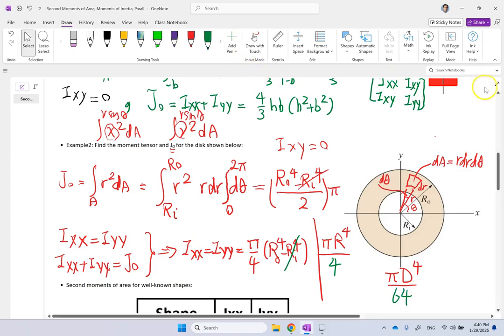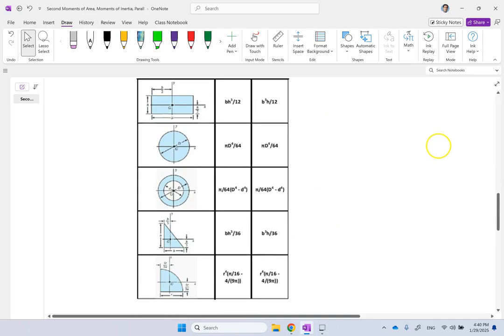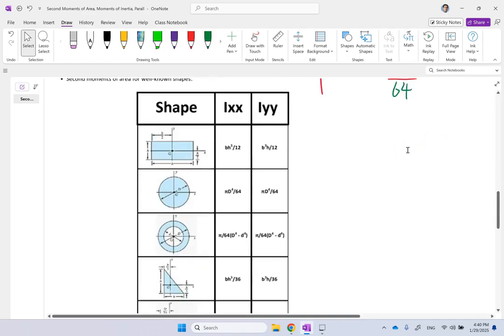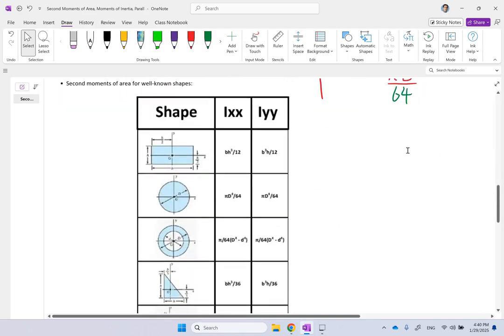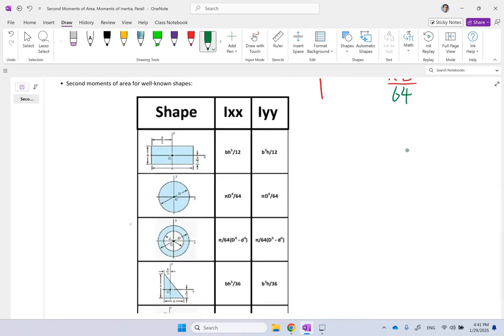And if you go down here and look at the moments of important or well-known shapes, you can see that for a solid disk with diameter d, Ixx and Iyy are both pi d to the 4 over 64. And for a rectangle, it's b h cubed over 12 and b cubed h over 12.